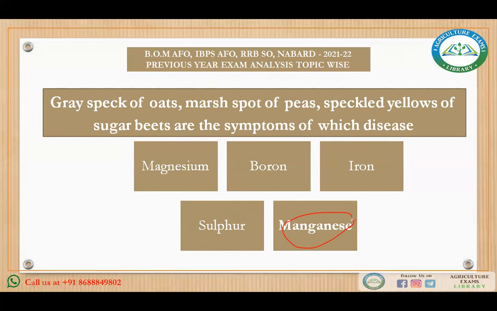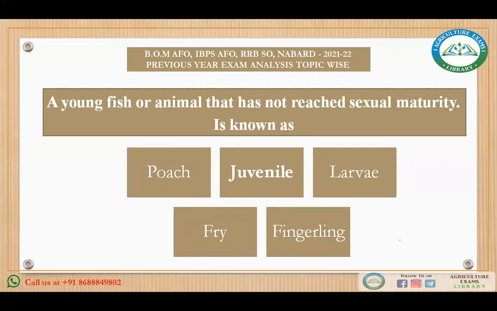For copper: dieback and reclamation disease of cereals. For sulfur: Akiochi disease, which is due to the excess of hydrogen sulfide. Okay, the right answer to this is manganese.